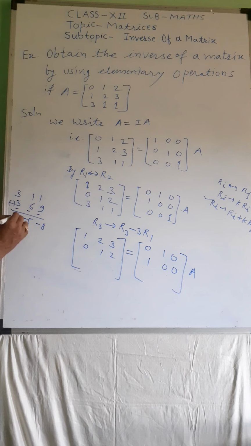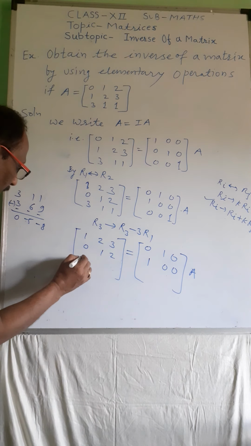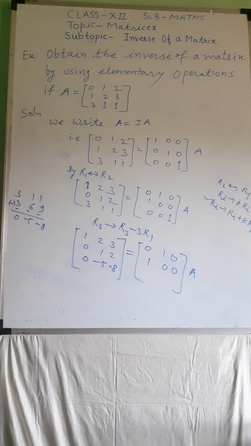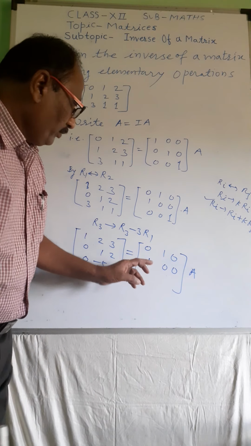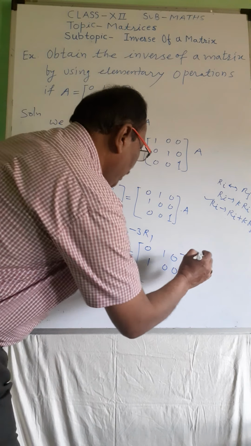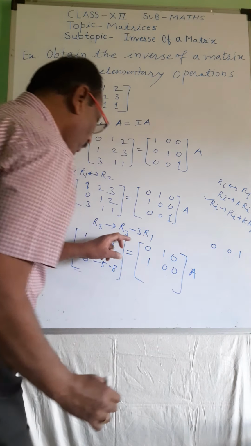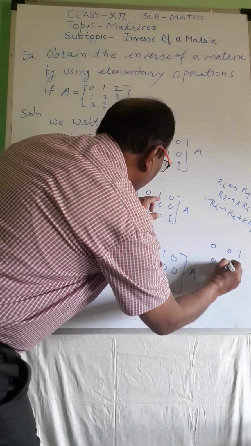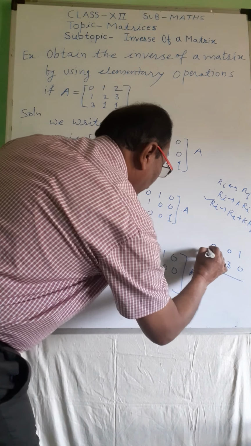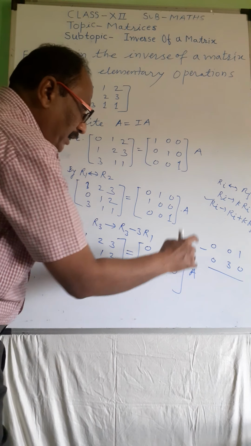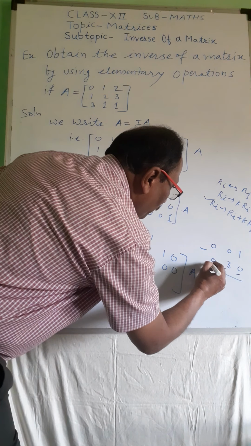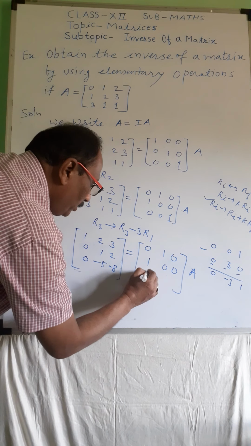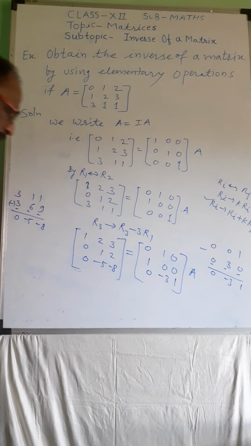So the third row is 0, minus 5, minus 8. Here also R3 is 0, 0, 1 minus 3 into R1, which is 3 into 0, 3 into 1, 0. Subtracting, we get 0 minus 3, 1.